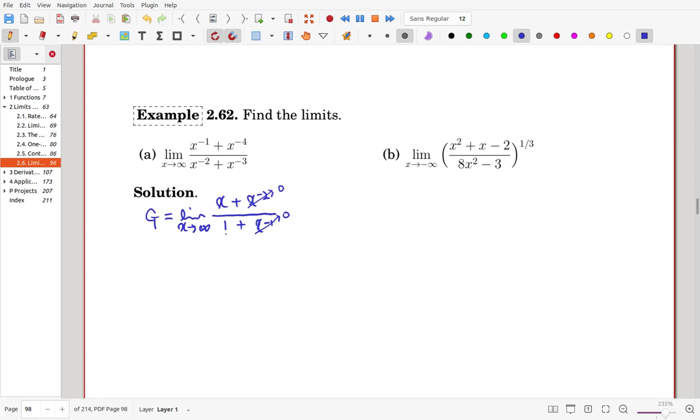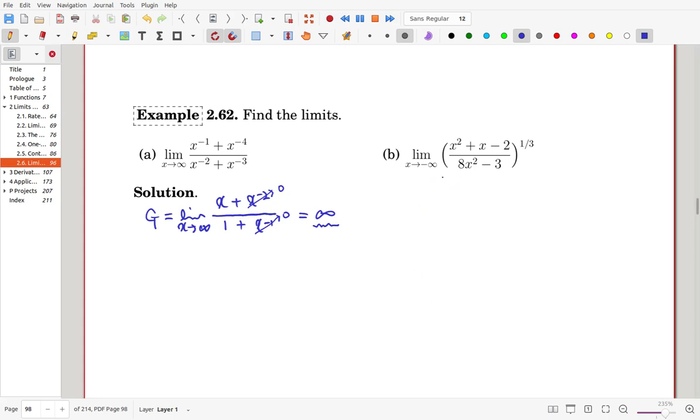But the bottom is around 1, while the top is becoming larger and larger, so it will blow up. The limit is infinity, but infinity is not a number, so there's no limit.